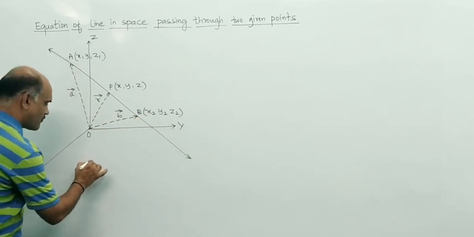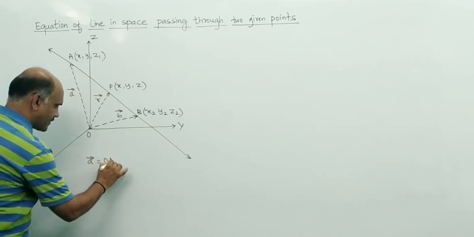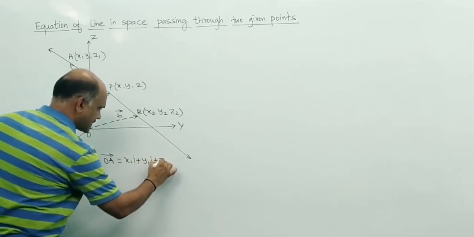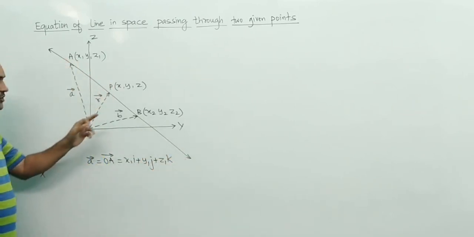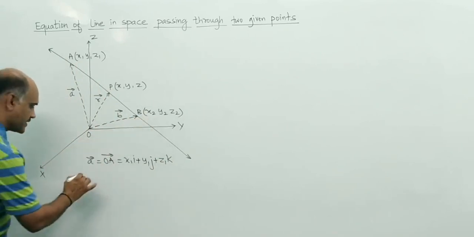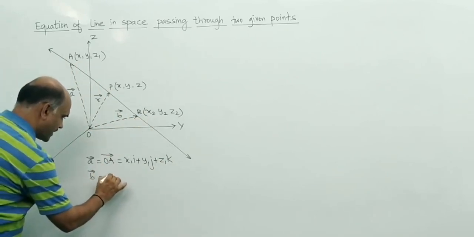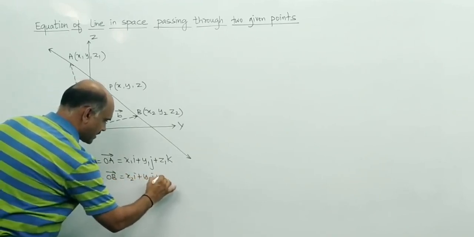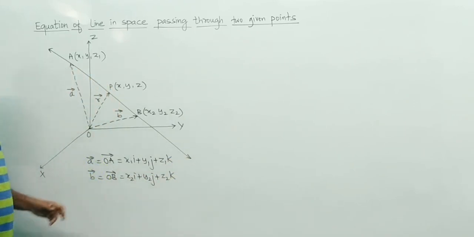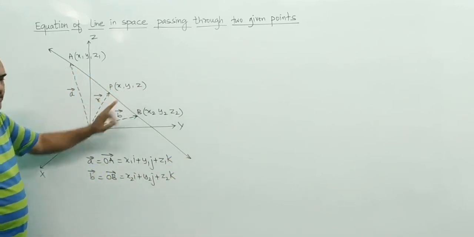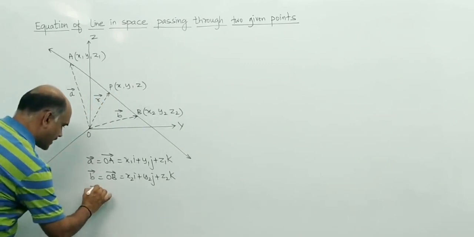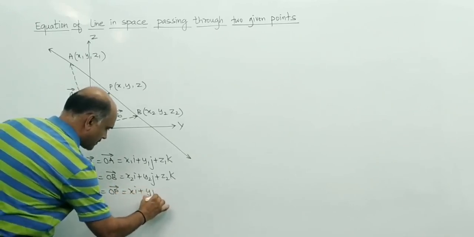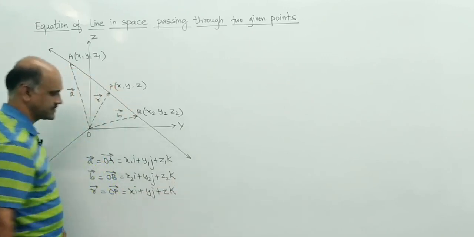Therefore the position vector of A is OA, x1 i plus y1 j plus z1 k. The position vector of B is OB, x2 i plus y2 j plus z2 k. Then let P(x, y, z) be a point on the line; its position vector is R, OP, x i plus y j plus z k.